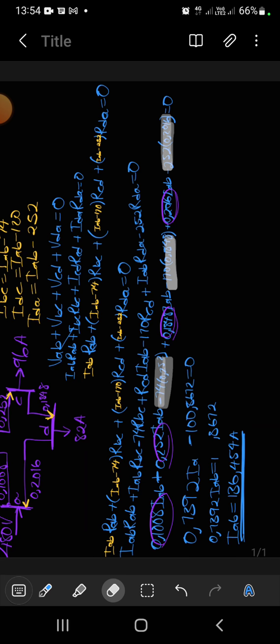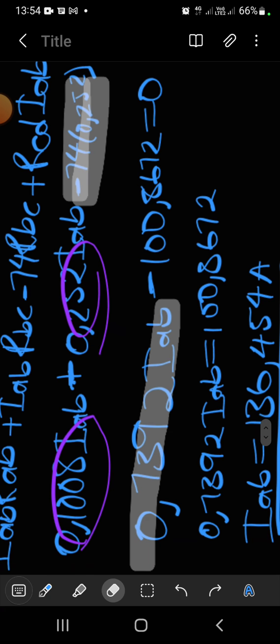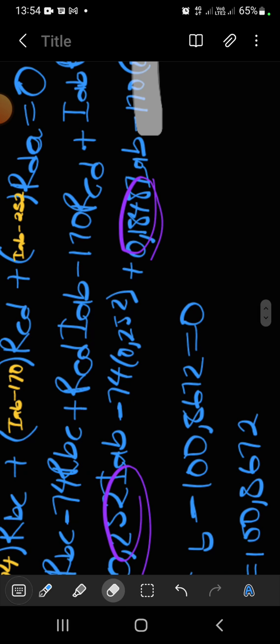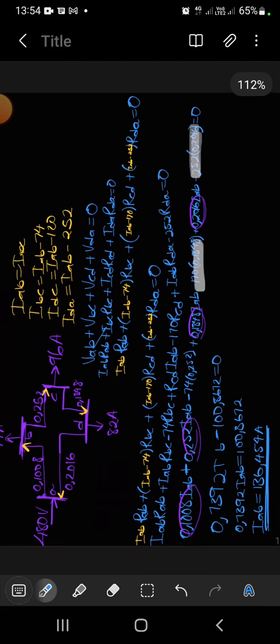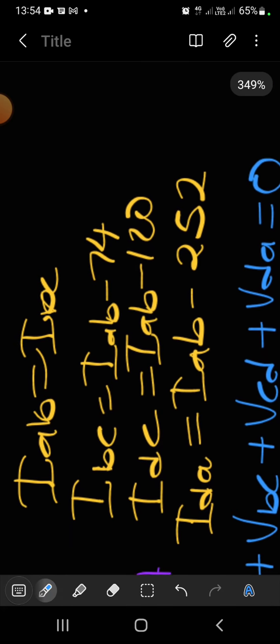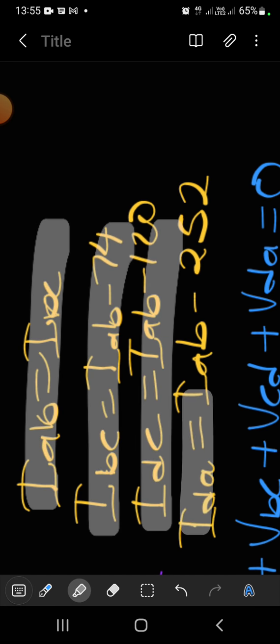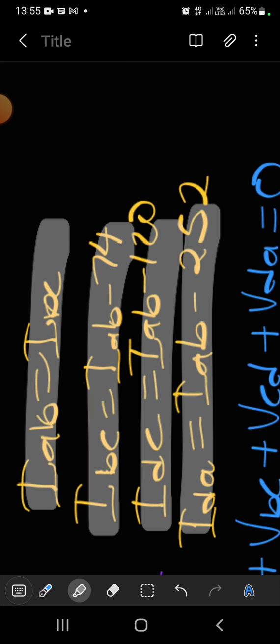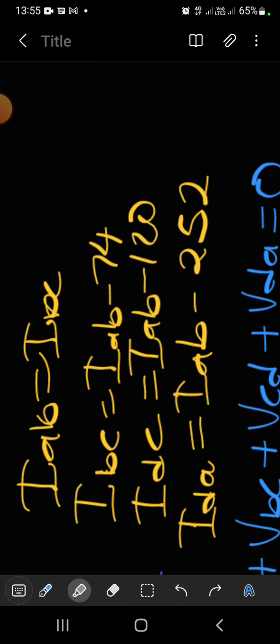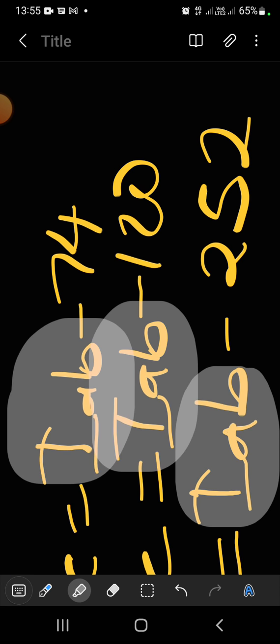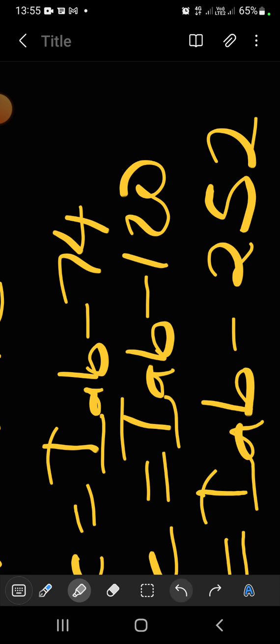So what we're gonna do now is to get the other currents. Remember we expressed all the currents in terms of AB, so you're gonna get all those currents substituting the value of AB, which is 136, and getting other currents is that simple.